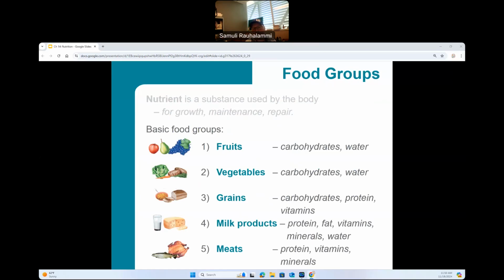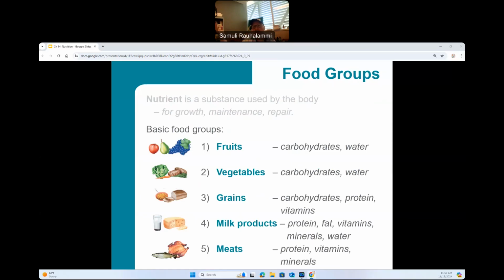Some examples could be apples, bananas, dates, oranges, or tomatoes. Major nutrients that we find in fruits include carbohydrates and water. Some of these also contain vitamins such as A, C, and folic acid, also minerals like iron and potassium, and fiber.